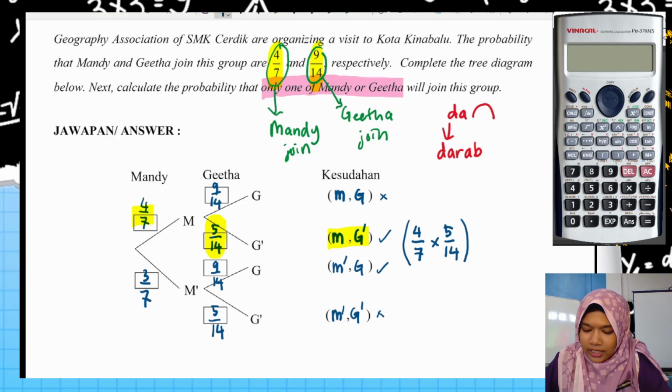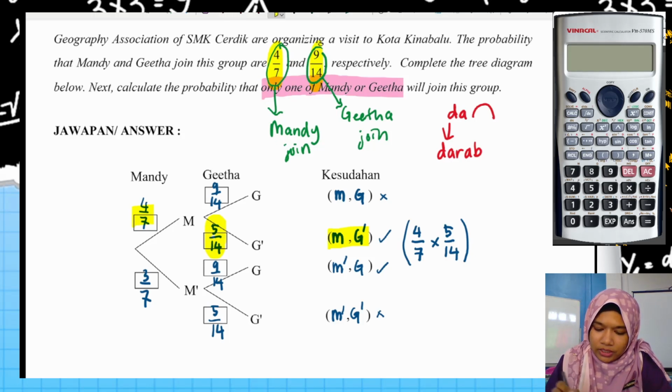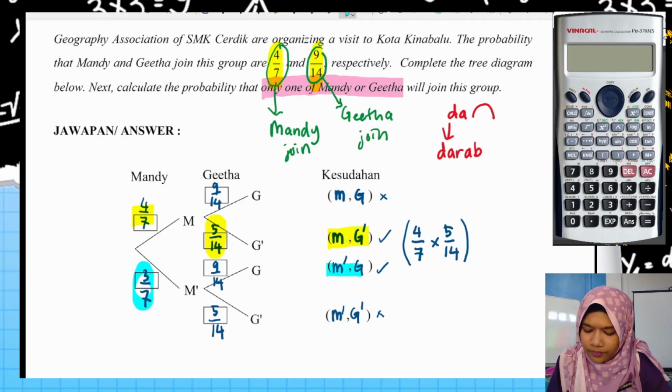Dan satu lagi probability untuk Mandy not join. Yang ni Mandy not join, Gita join. Okay. So, N. Cikgu sebut tadi N. So, the probability is 3 over 7 N darab 9 over 14.